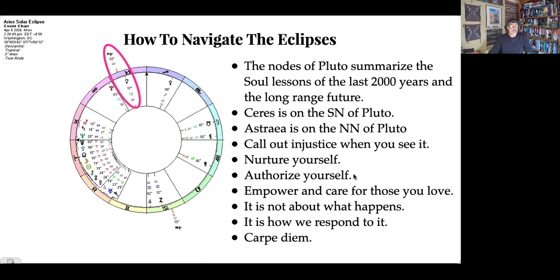It means to just accept yourself for who you are, the parts of yourself that you've buried deep in your eighth house psyche, or the parts of yourself that you display proudly in your 10th house or your fifth house. It's not about what happens, it's how we respond to it. Carpe diem.